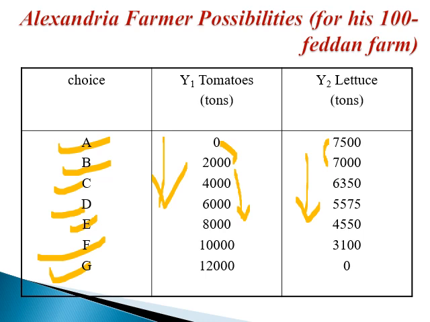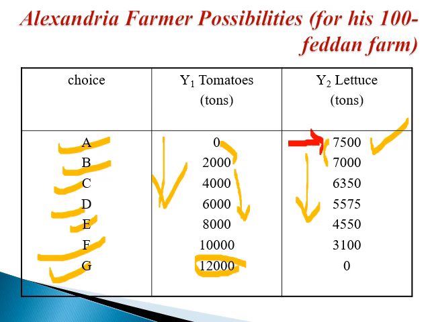till I reach the last choice, where this is the maximum amount of tomatoes I can produce if I devote all the resources and the inputs I have to the production of tomatoes, and none of these resources will be devoted to the production of lettuce. Which is the opposite of the case right here.